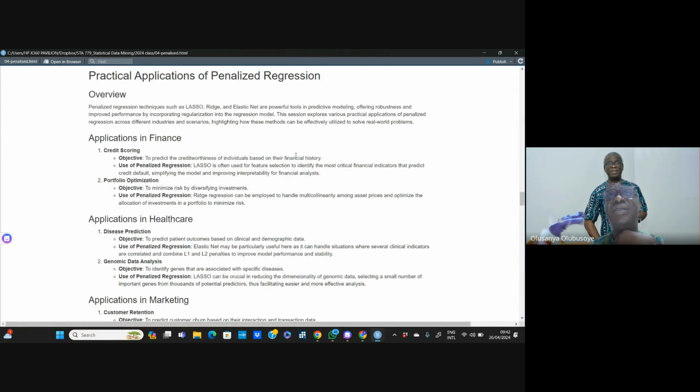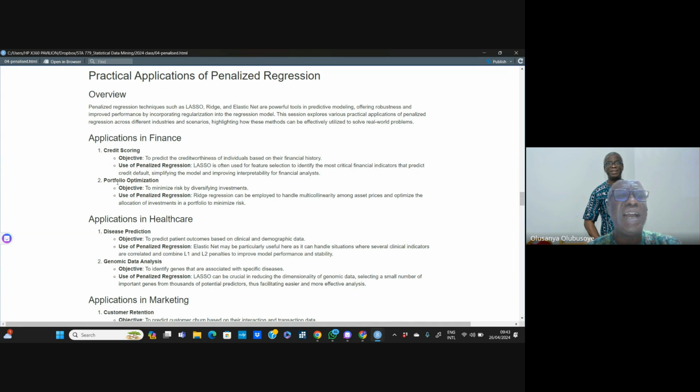Maybe saving history, withdrawal history, then credit application history, and so on like that. So it can be applied in finance for predicting credit worthiness of a customer.